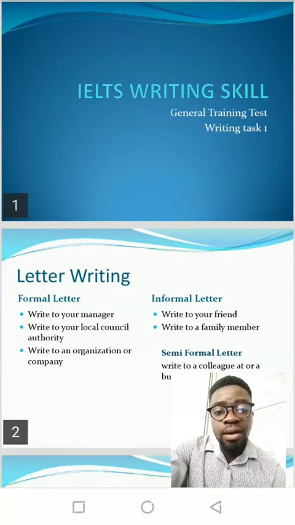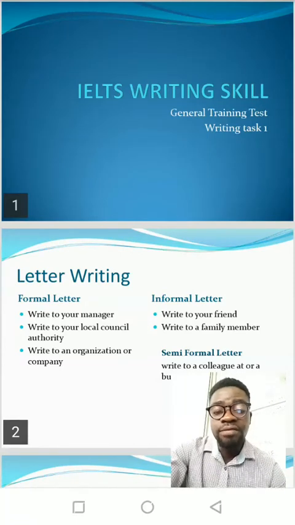Remember, we have 2 tasks in the writing part of the IELTS test. If you're sitting for the academic test, you're going to write 2 essays. If you're taking the general training test, you're also going to write 2 essays.